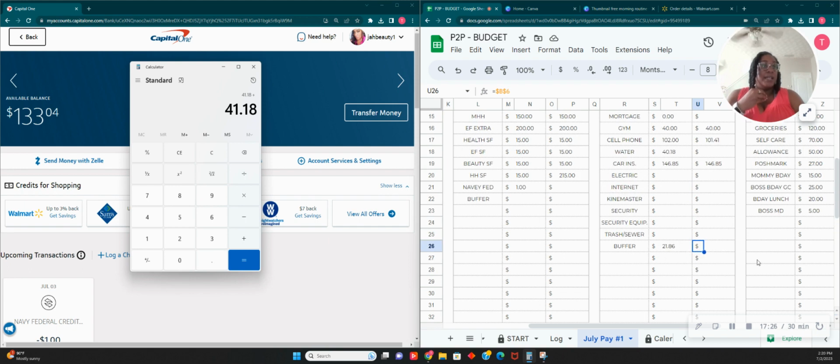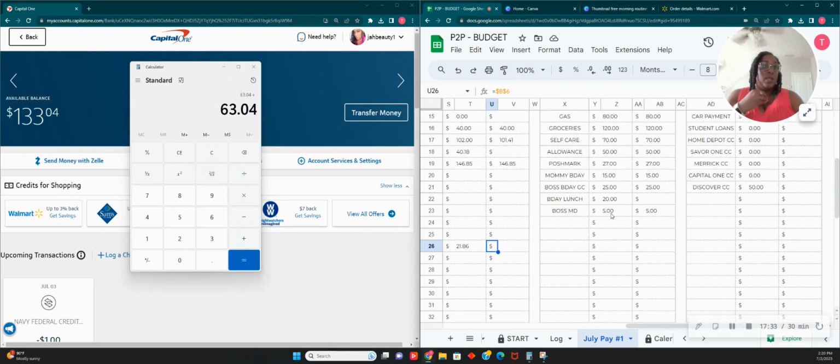Plus the 21.86 that we think is our buffer, plus the $20 that we are assuming we're going to spend on lunch, which I now have to remember to not put on my credit card, but on this debit card, because these are all the bills account, or I need to move that over to cashless envelopes, plus the 50, which equals 133.04.